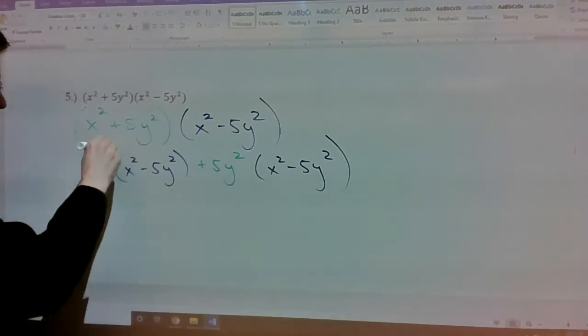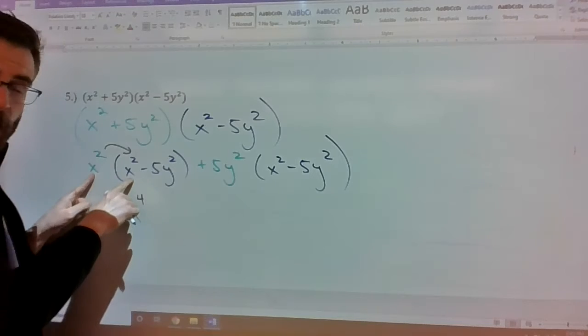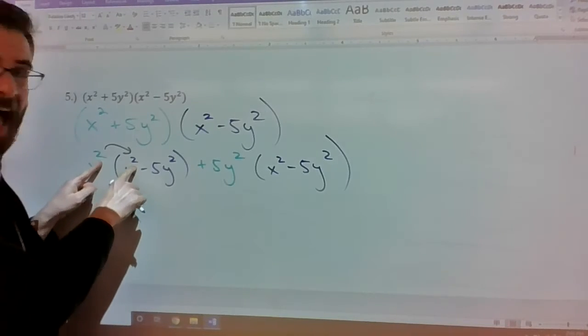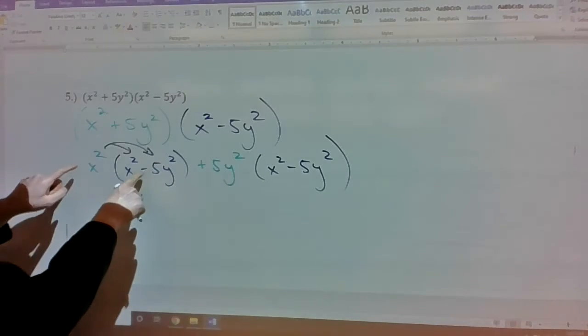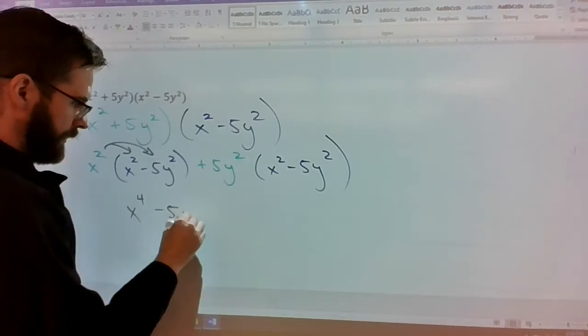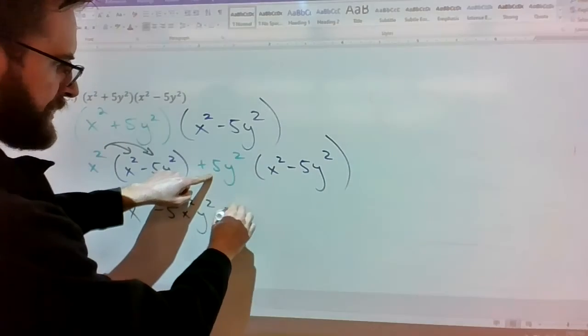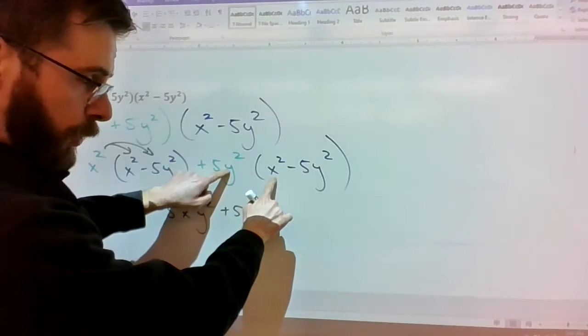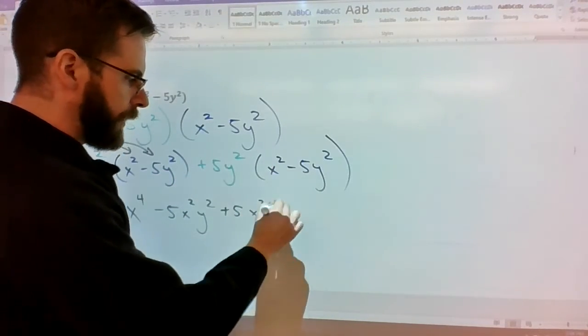So x squared times x squared is going to be x to the fourth power. Remember, when you multiply powers of the same bases, you add the exponents. This one's going to be a minus 5x squared y squared. Over here, this is going to be a plus 5y squared x squared, which we can flip around to make it x squared y squared.